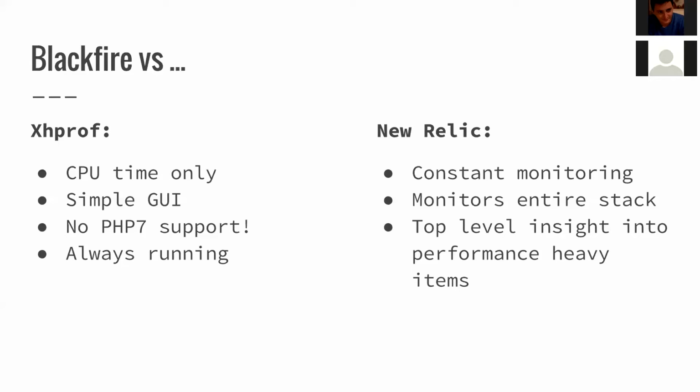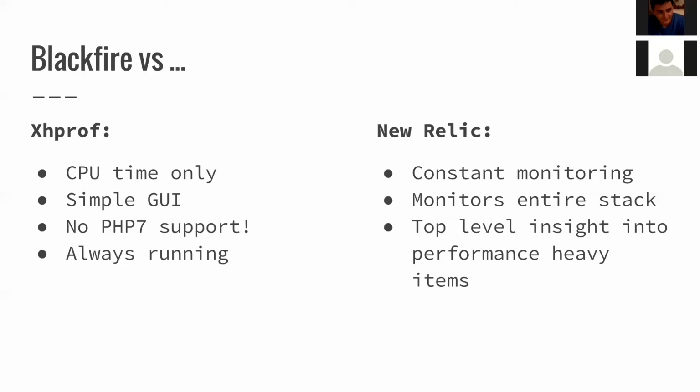And then there's New Relic. I feel that most people are really familiar with New Relic as an application performance monitor, however APM stands for. New Relic provides constant monitoring, and it also monitors your entire stack. So it can keep eyes on your web server, your PHP FPM and what code's being used, and also your MySQL and what queries are being made.